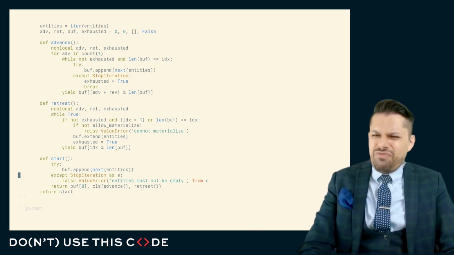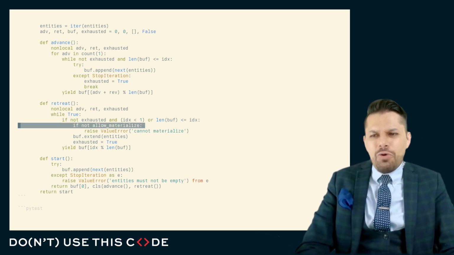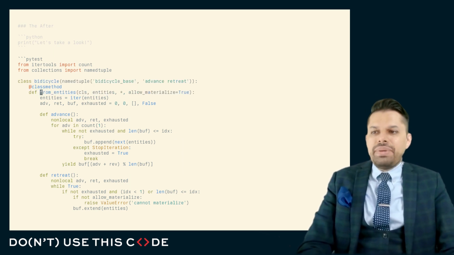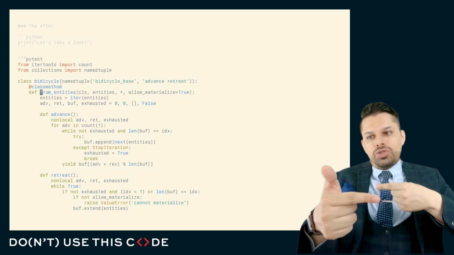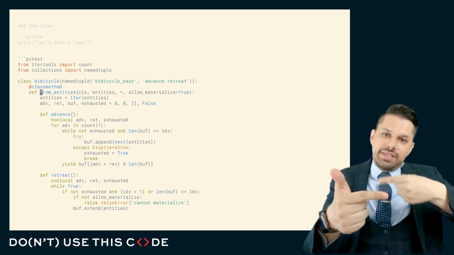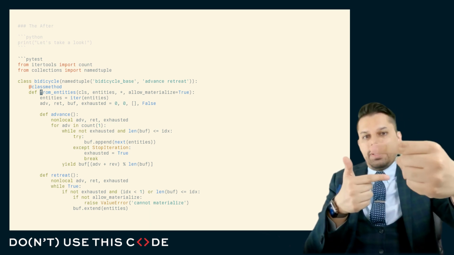And you can see there's a very strange flag here, allow materialize, that has to be passed in at the beginning. Because if you're going in reverse order and the thing that you're cycling over is infinite, once you reverse past the 0th element, well, you have to go all the way out to the back element.